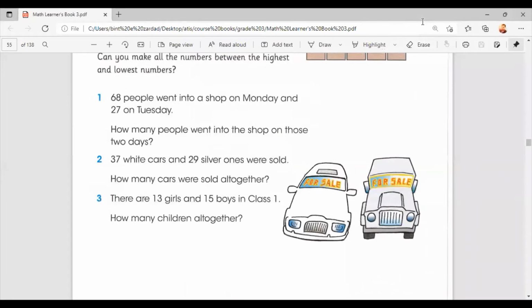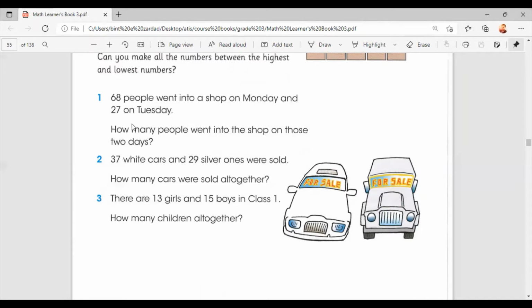These are just investigations. 68 people went into the shop on Monday and 27 on Tuesday. How many went into the shop on those 2 days? Very easy. In the addition wall we are adding, we just need to add. So we get the answer.